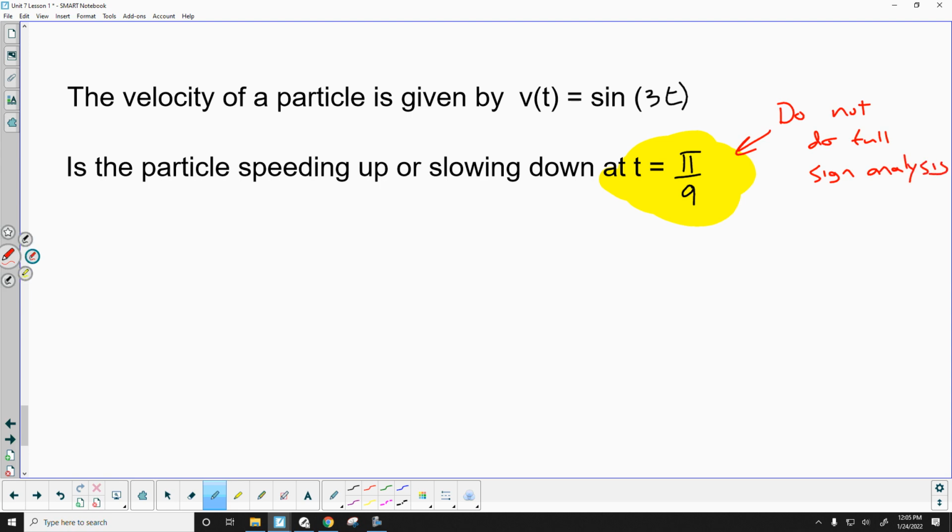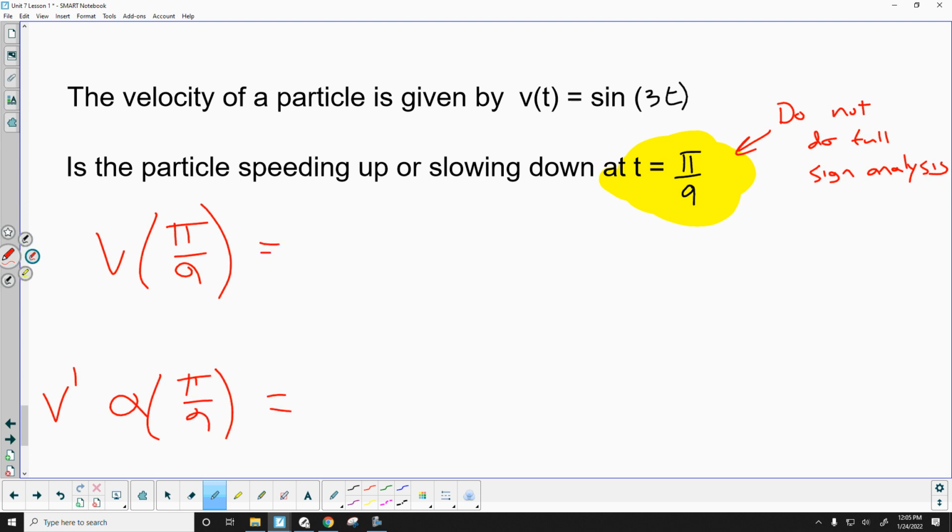All you need to know is what is your velocity at this time and what is your acceleration, which is the derivative of velocity, at this time. You don't even have to know what the value is, as long as you know that it's positive or negative. Sine of 3 times pi over 9 turns into pi over 3. Sine of pi over 3 is root 3 over 2. That's positive.